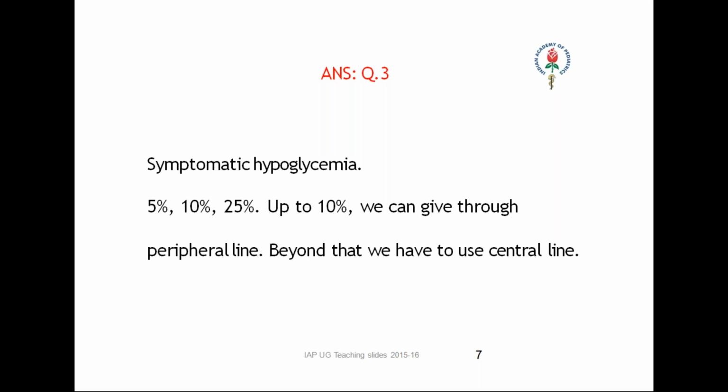So what are the uses where we use dextrose? In hypoglycemia. In neonates with acute symptomatic hypoglycemia, the dose we give is 2 ml per kg of 10% dextrose as a bolus. In older children, we give 10% dextrose of 2 to 4 ml per kg.